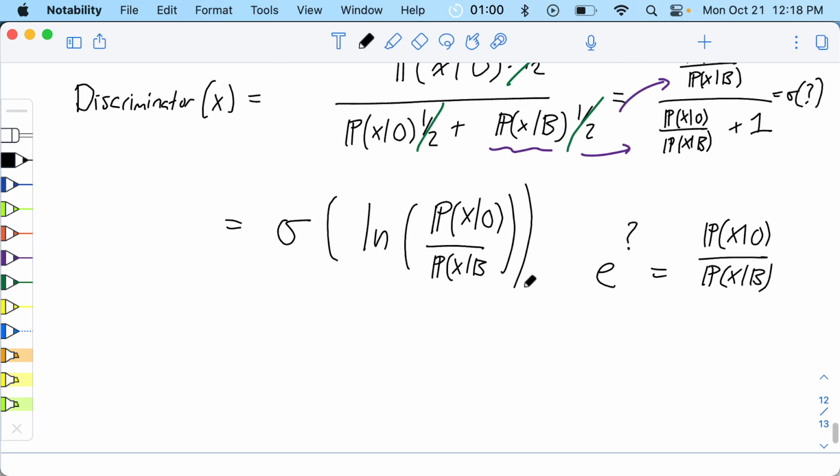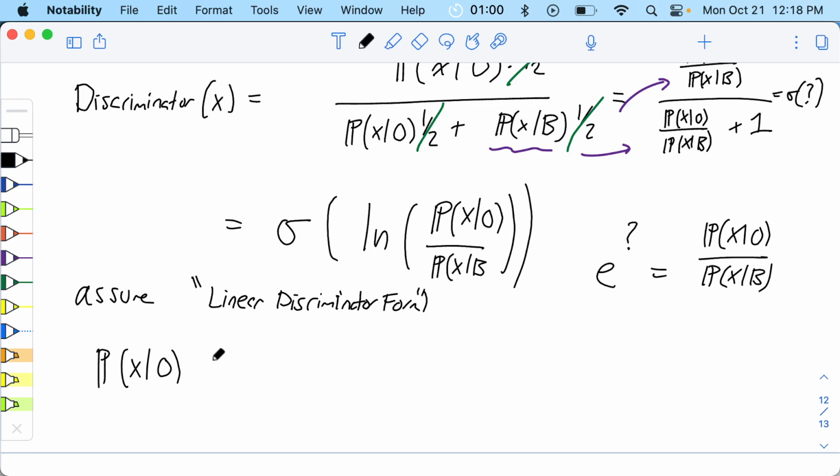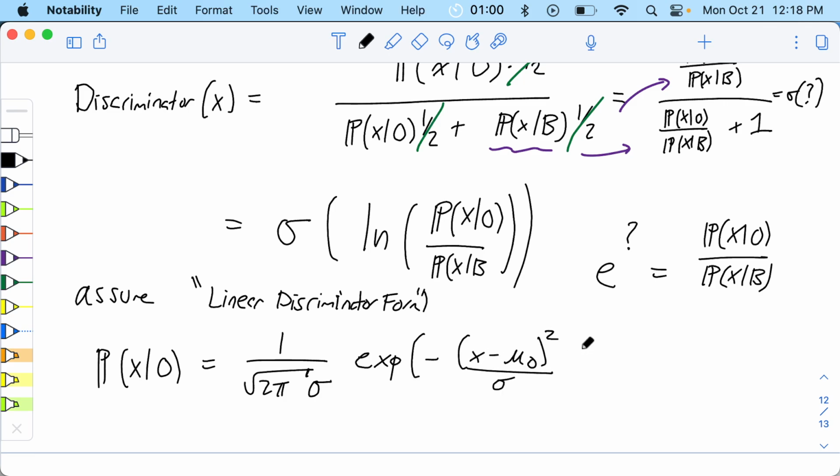But now in the case of assume the linear discriminator form, and now you really need the probability function. Here the probability of x given O is going to be this funny formula, 1 over square root of 2 pi sigma, let's put the sigma on the outside, and then you do e to the minus x minus mu O squared divided by sigma, like that.